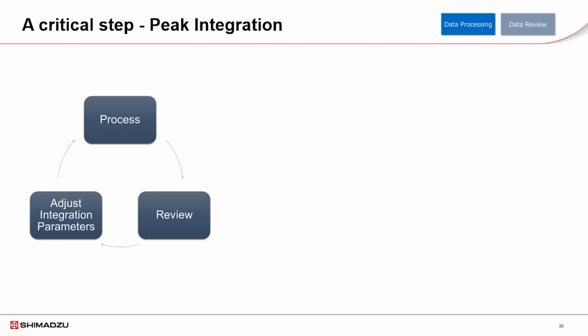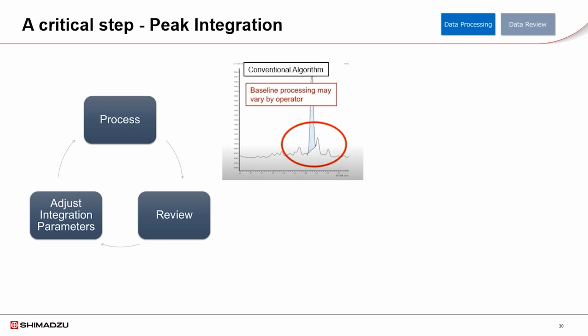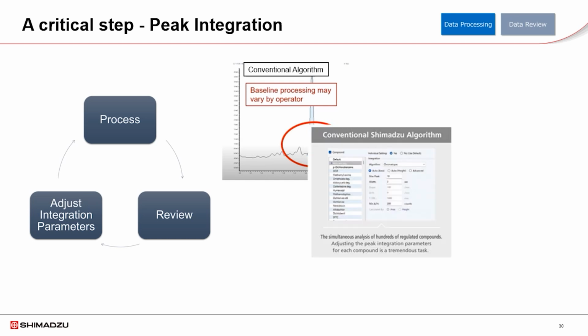So baseline processing may vary by operator. So we use slope, width, minimum area or something like that, and need to adjust all the parameters for each compound. And as a result, we can get the expert integration like this one.